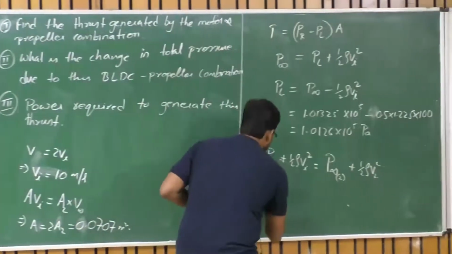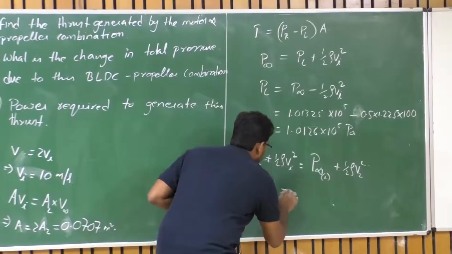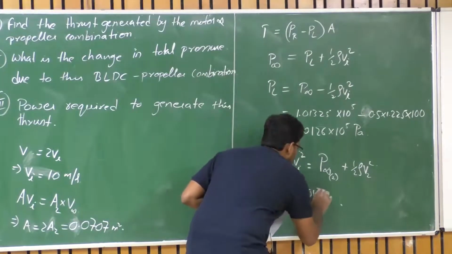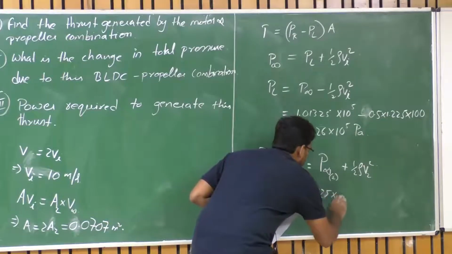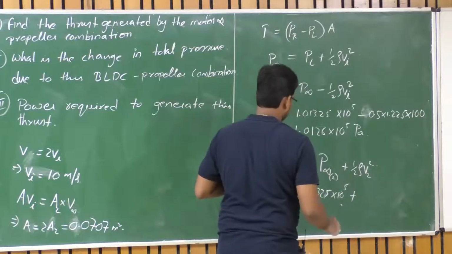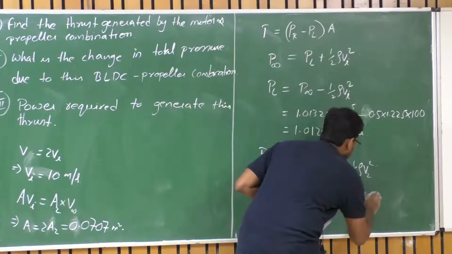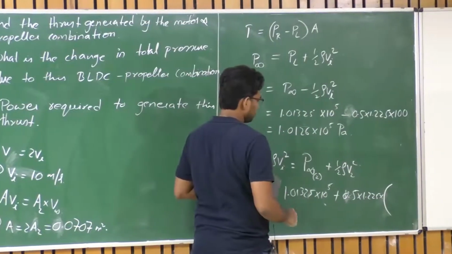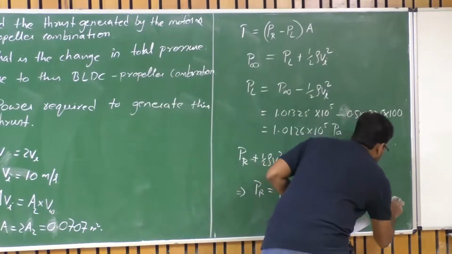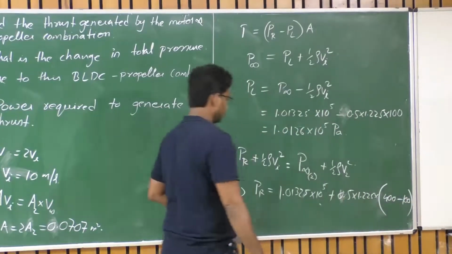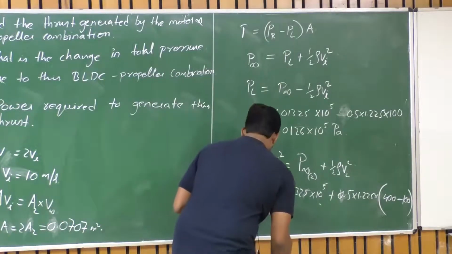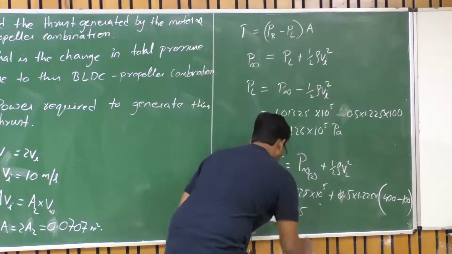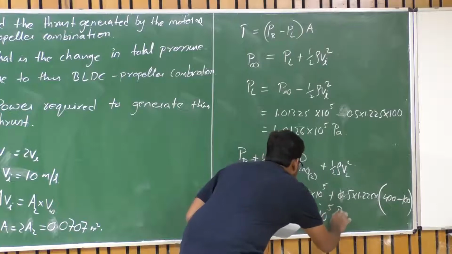So PR is equals to P infinity at station 2, which is 1 atmosphere, then 1.01325 multiplied by 10 raised to the power of 5 plus 0.5 times 1.225 times V2 square minus V1 square. So this is like 400 minus 100. So the answer here is PR, the pressure on the immediate right side of the disk, is Pascal.